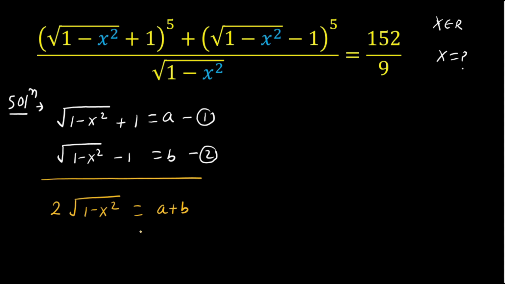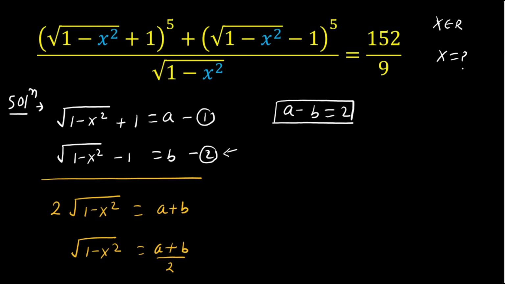If we divide both sides by 2, then on the left hand side √(1−x²) equals (a+b)/2. If we subtract equation number second from first, we get a minus b equal to 2.